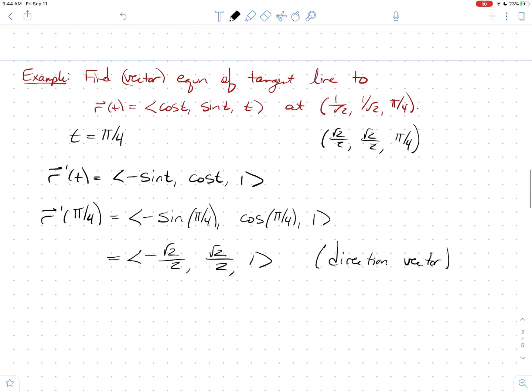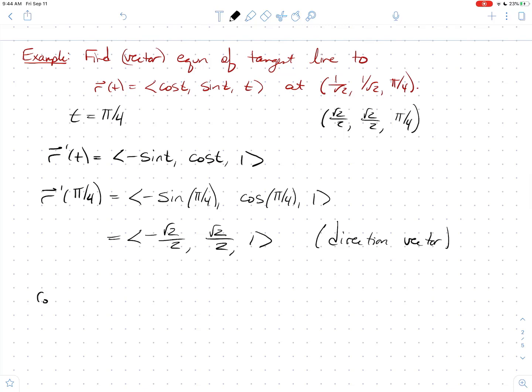And now I need r naught. I need a point on the line. I'm actually not going to use r, though, because we labeled this particular vector function as r. So my point on the line, which I'm going to think of as a vector, was given to me, and the point that we're going to use is 1 over root 2, 1 over root 2, pi over 4.